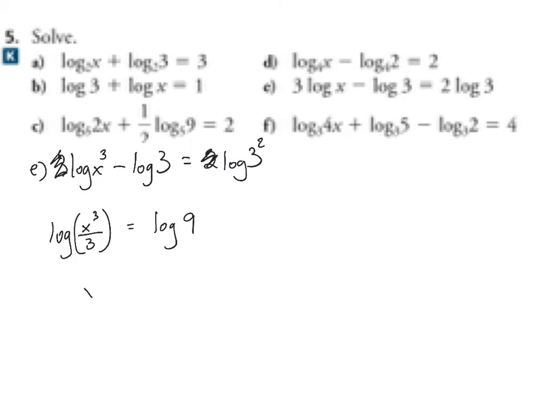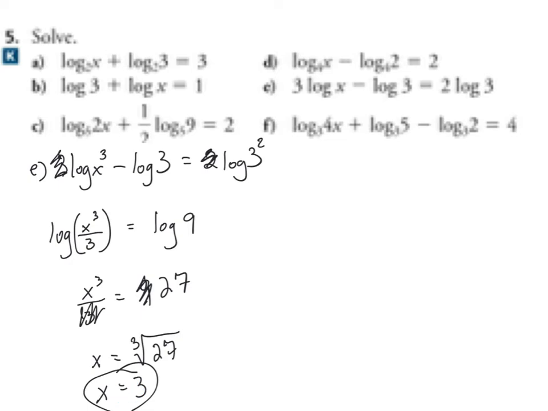All right, so that means that x cubed over 3 must equal 9. Multiply both sides by 3. And you got x cubed is 27. And so x equals the third root of 27, which means x equals 3.